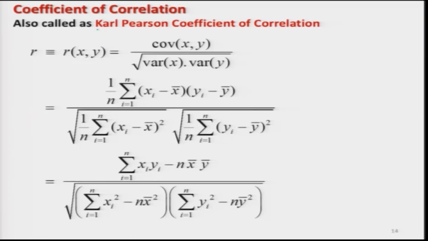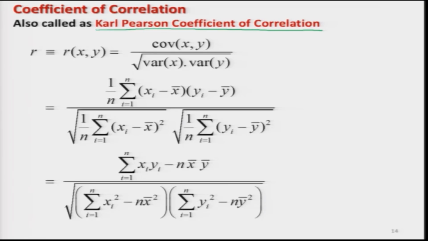Okay, now I come to the definition of correlation coefficient. This coefficient of correlation is also called the Karl Pearson coefficient of correlation. There is a reason, because Karl Pearson suggested that coefficient.